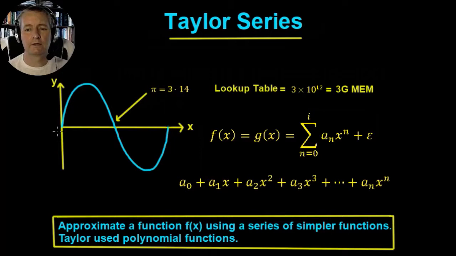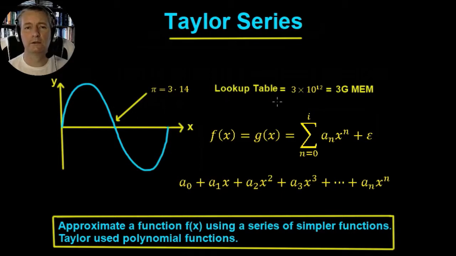So let's say, for example, this axis here was actually in radians, because that's what we would tend to be using. It would mean this point here, which is halfway along the sine curve, would be equal to 3.14 radians. So in this instance you would need 3.14 times 10 to the 12 numbers to represent all of the possible values of the outputs.